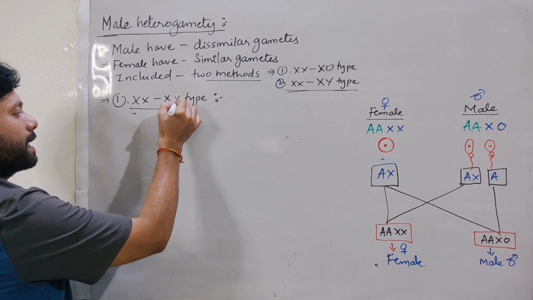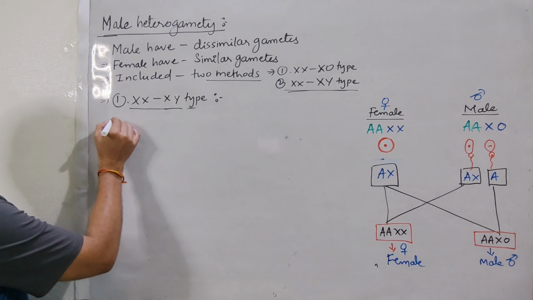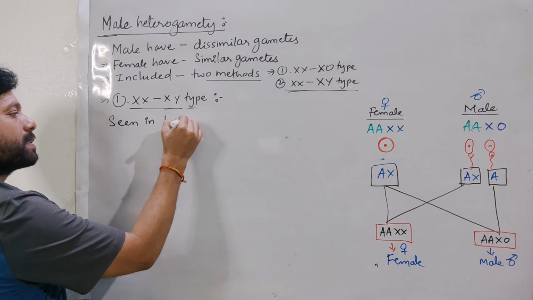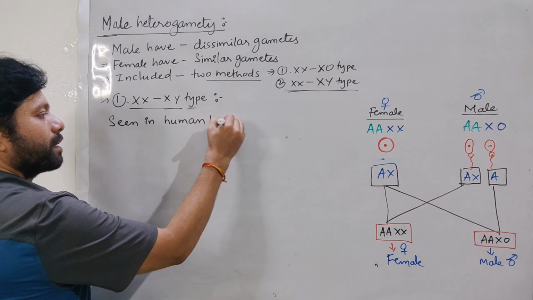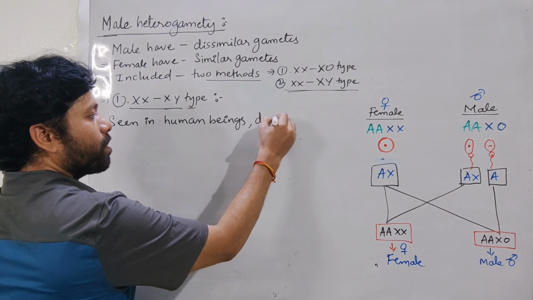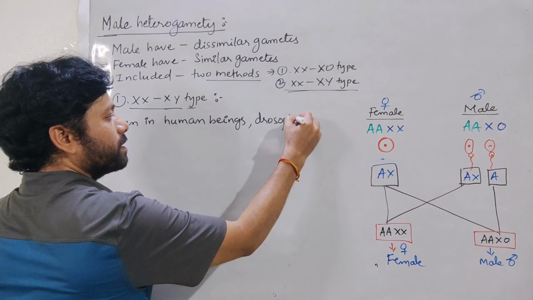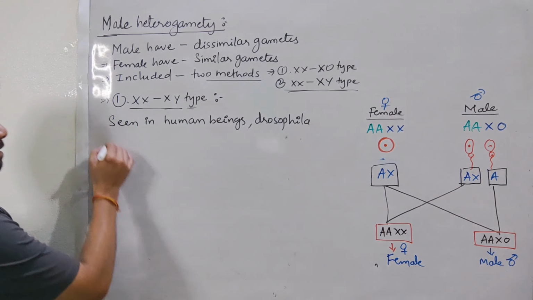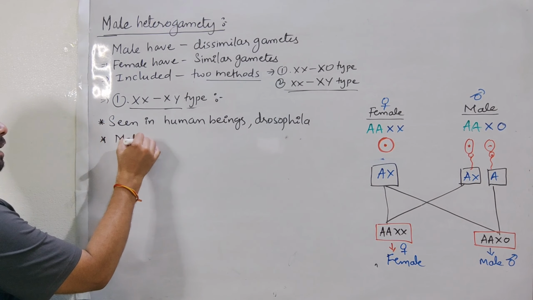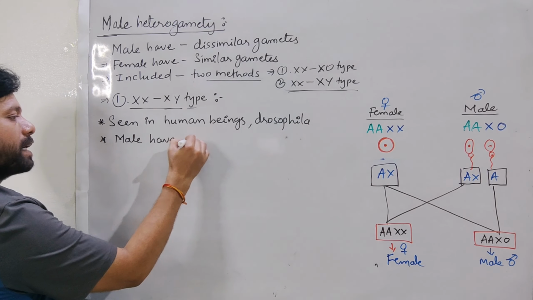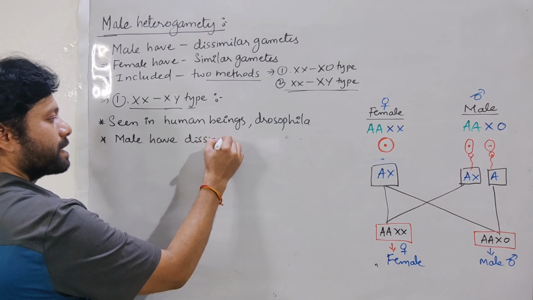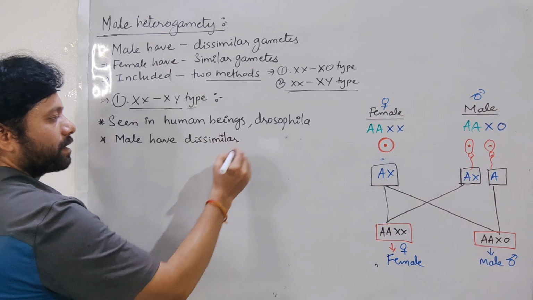XX, XY type is seen in human beings and some insects like Drosophila melanogaster. So males have dissimilar gametes.